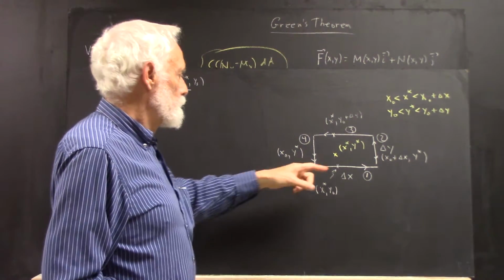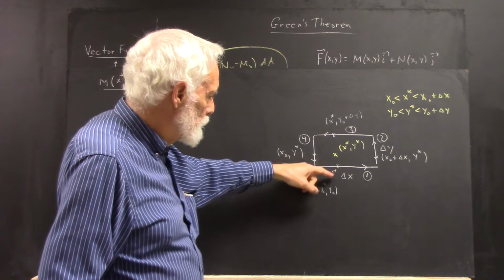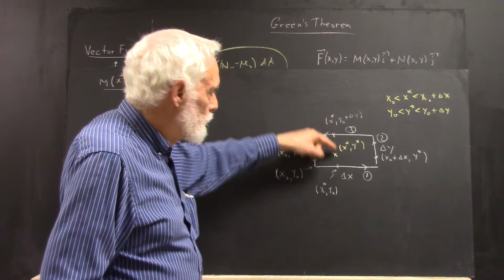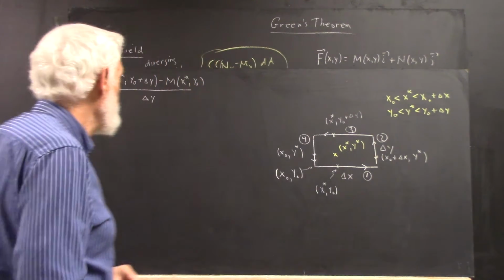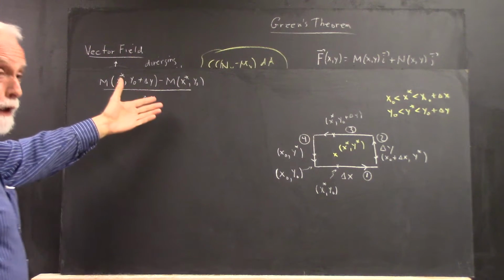Now all that is the average rate at which m changes from this point to this point with respect to y. So this is the approximation of m sub y.